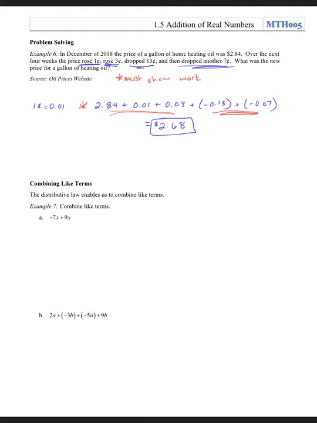The last idea we have here is combining like terms. And this tells us the distributive law enables us to combine like terms. Now, a lot of you probably can look at negative 7x plus 9x and just think, oh, easy, that's 2x. That's perfect. But I'm going to show you why that works. So if we think back, I'm going to move around the side here and do some side work.